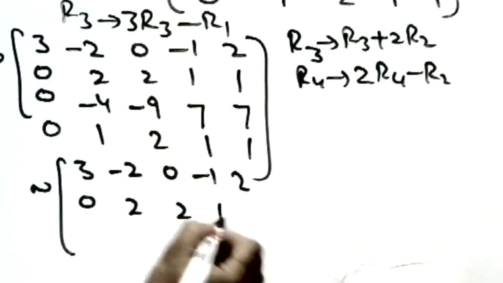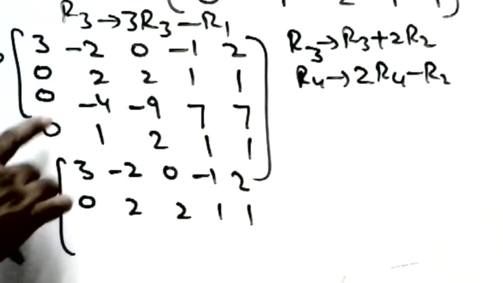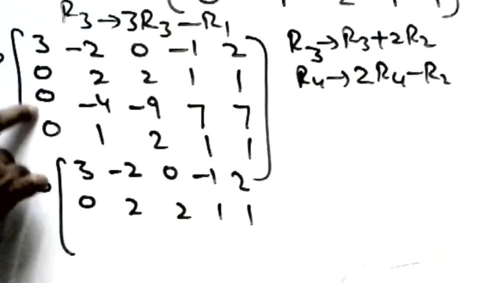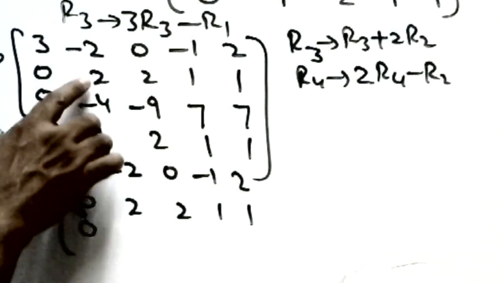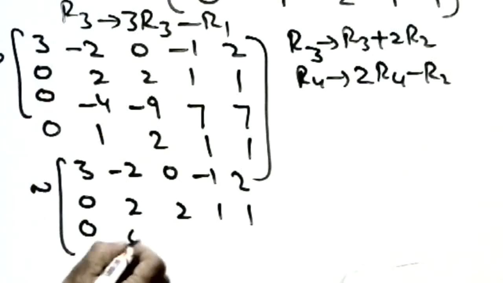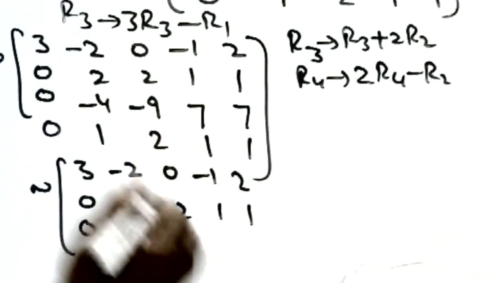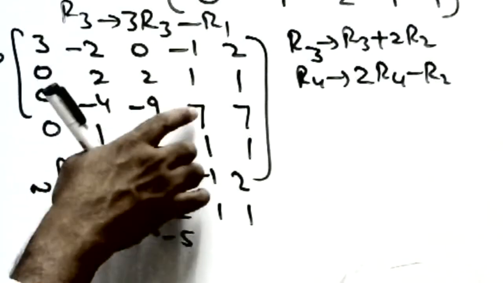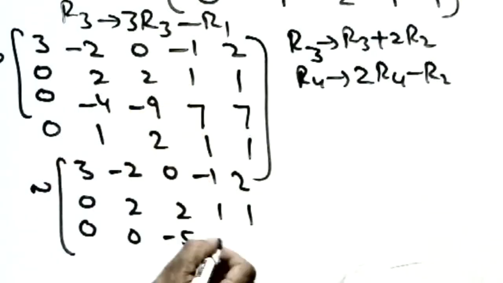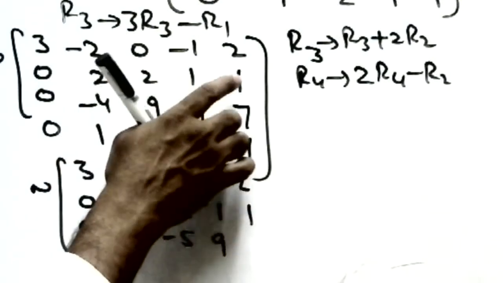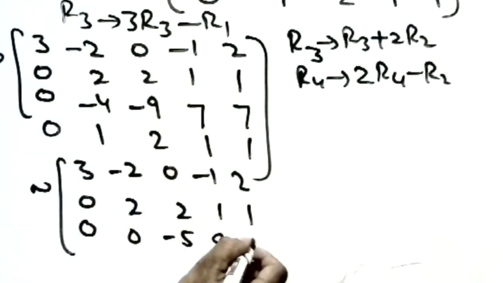Second row: 2, 0, 2, 2, 1, 1. The third row, R3 plus 2R2: 0, 0 remains 0, 2 1s are 2, 4 minus 4 is 0. 2 2s are 4, 4 minus 9 is minus 5. 2 1s are 2, 2 plus 7 will be 9.